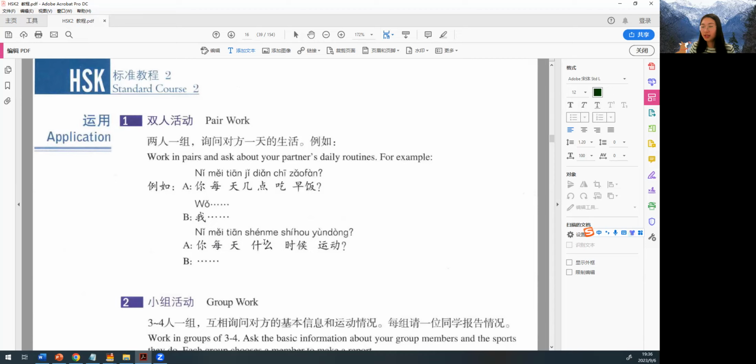And then the second question, 你每天什么时候运动? What is your answer? I can imagine a very good one. So here A asked 每天 every day, 什么时候 when, 运动 do sports. So we can do sport in the morning, afternoon, or in the evening.